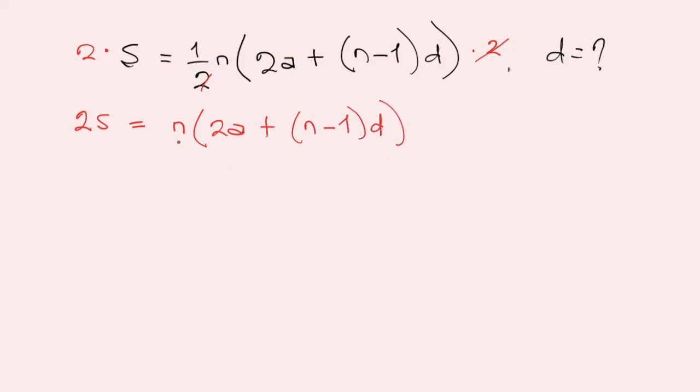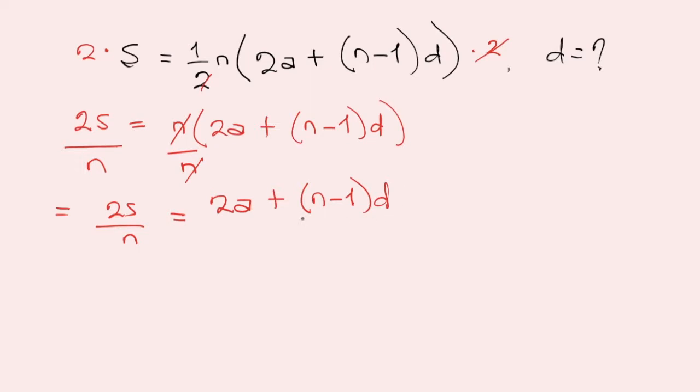Now we need to get rid of n. To get rid of n, we simply divide both sides by n. So n cancels out n, and we have 2s over n equals 2a plus n minus 1 into d. So the next thing is to get rid of 2a. And to do that, we only need to subtract 2a from both sides.